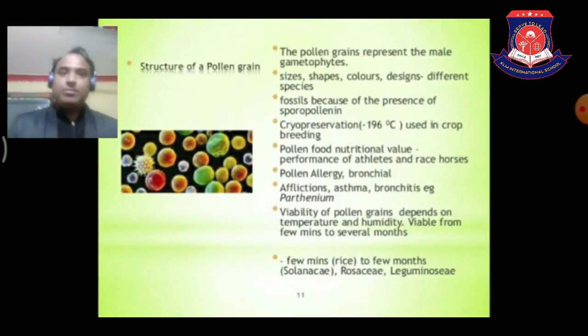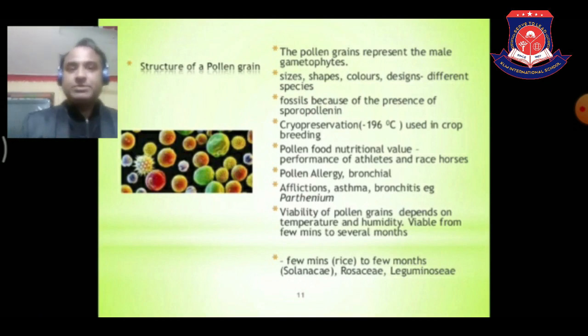Now, the structure of the pollen grain. A pollen grain represents the male gametophyte, as I already discussed with you. Size, shape, color and design vary from species to species. Pollen grains can be preserved as fossils for many years because of the presence of sporopollenin.